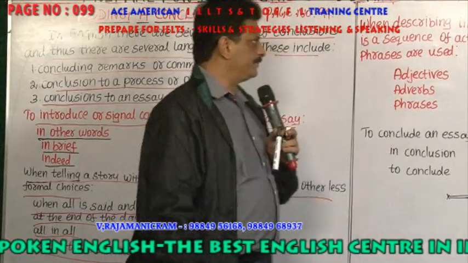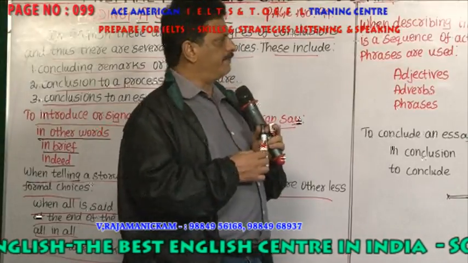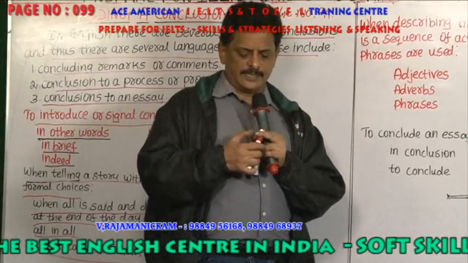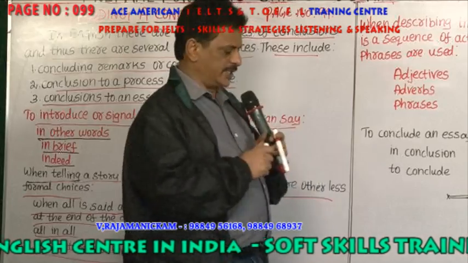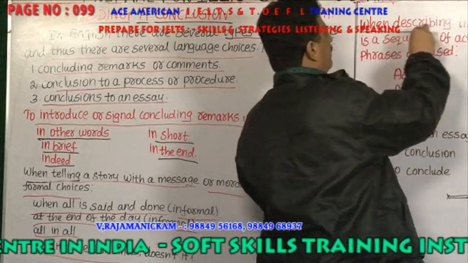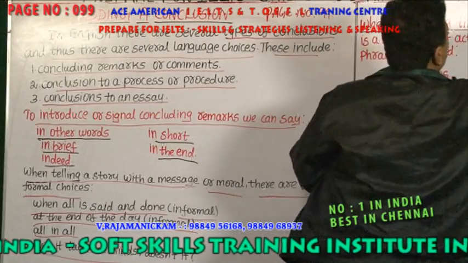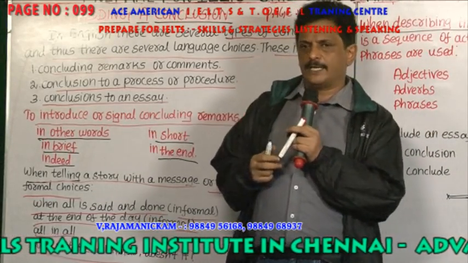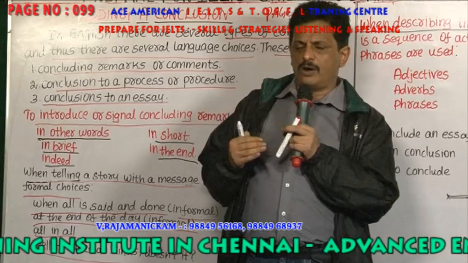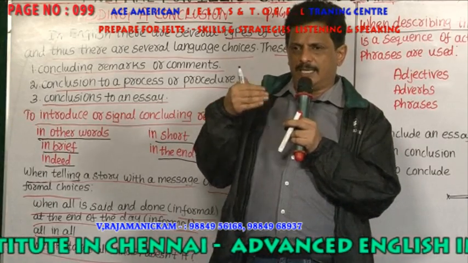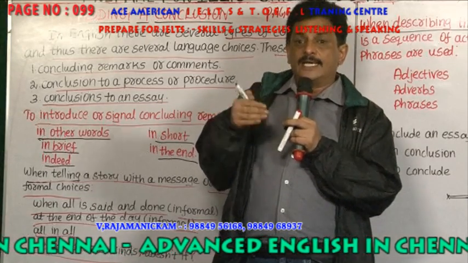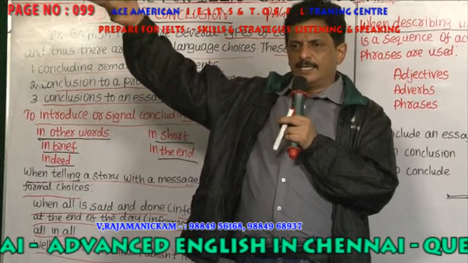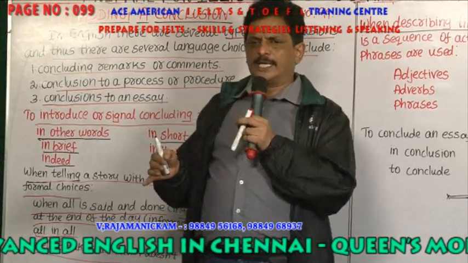Now coming here, when describing the stage in a process or procedure, something is in process. See, India is a country where a lot of foreign investments are coming. We are slowly changing from a socialist, Russia-oriented economy towards a capitalistic, American-oriented economy.